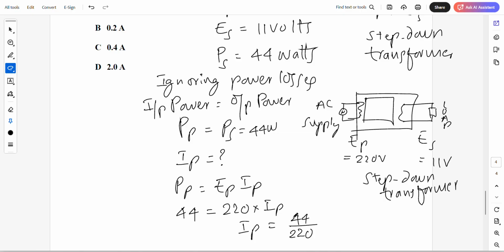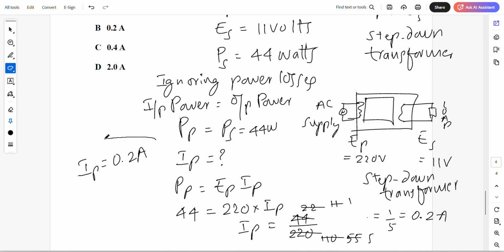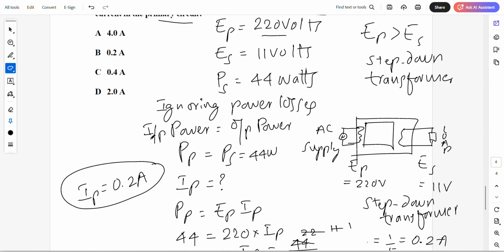Dividing, we get 11 by 55, then 1 by 5. 1 by 5 is nothing but 0.2. IP is equal to 0.2 amperes. Hope you understood.